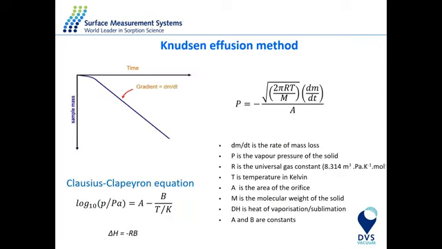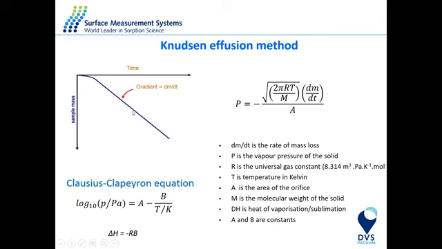During the measurements, we continuously weigh the sample, and we measure the mass loss rate under high vacuum at different temperatures. So how can we calculate the vapor pressure of a material from the Knudsen effusion method? You expose the sample to a certain temperature.